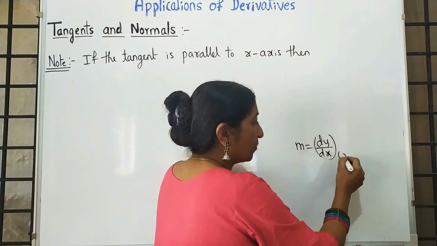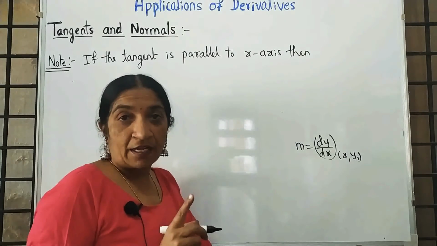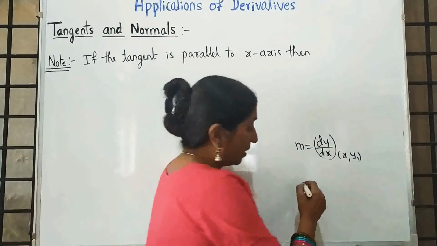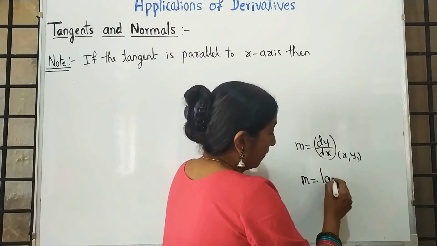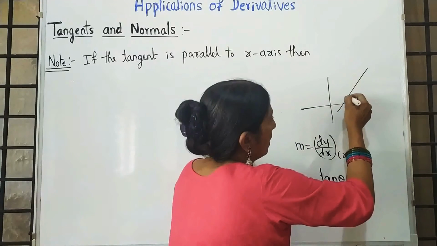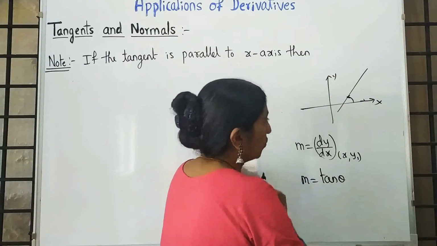In analytical geometry, if a line makes an inclination theta with the x-axis, then the slope is m is equal to tan theta.